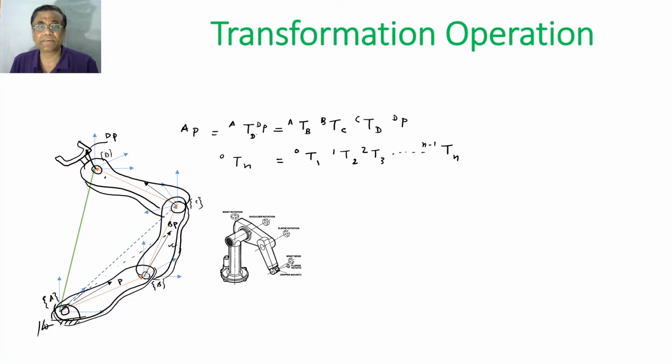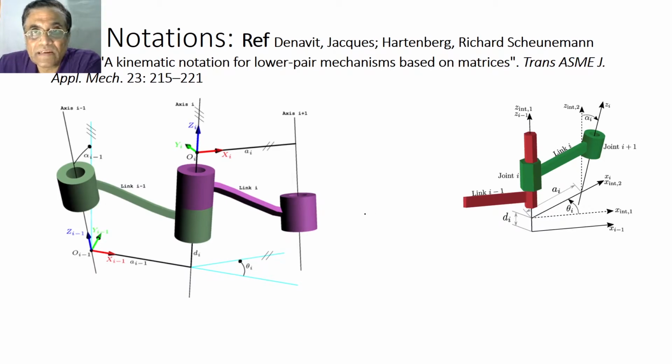So how to capture all this information and formulate again a modified homogeneous coordinate transformation matrix is the purpose of studying Denavit-Hartenberg notation.